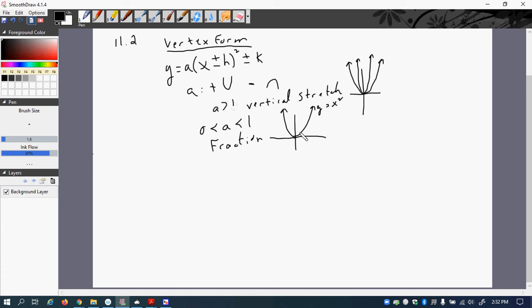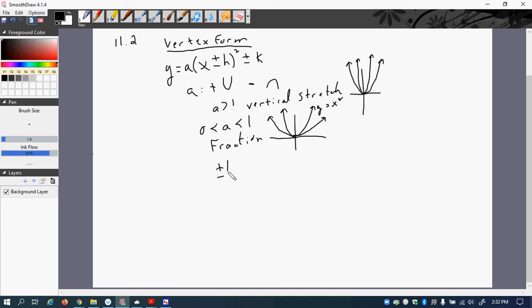But when we have a fraction, it tends to bow out more. It's pulling more in the horizontal direction than the vertical. So A does a lot of different things, and we have to really pay attention to what A is.